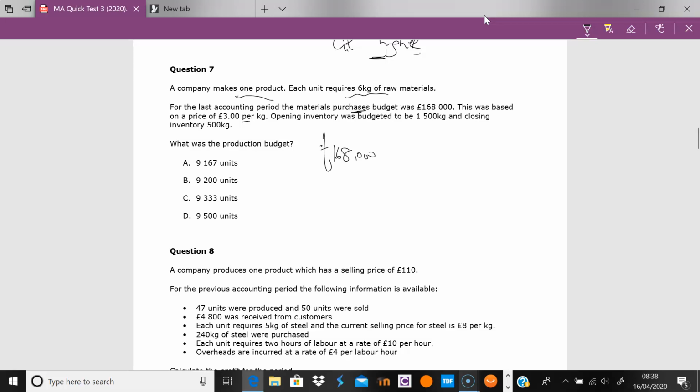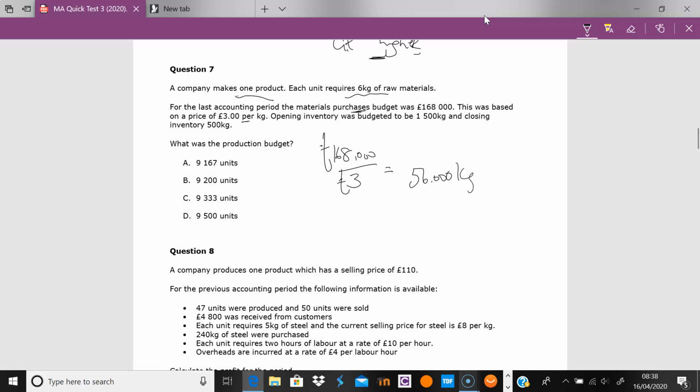So if you've spent 168,000, and each kilogram is £3, you must have bought in 168 divided by 3, 56,000 kilograms.